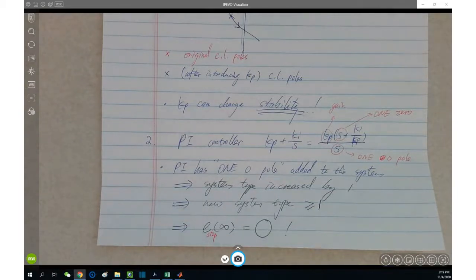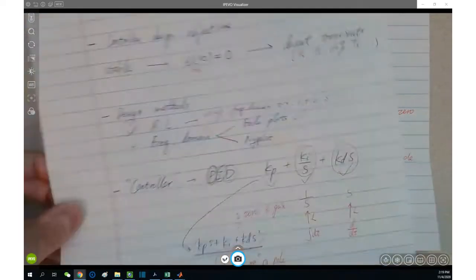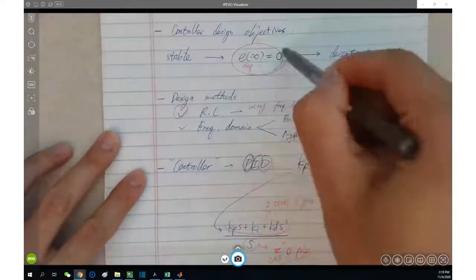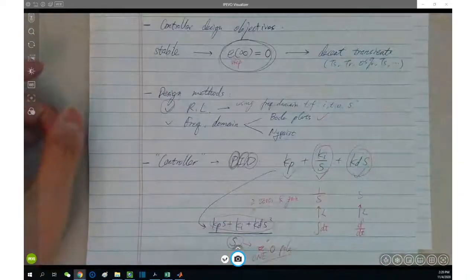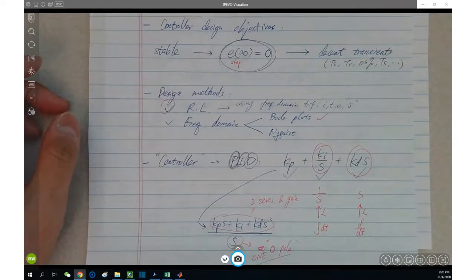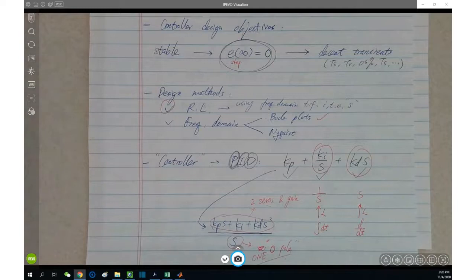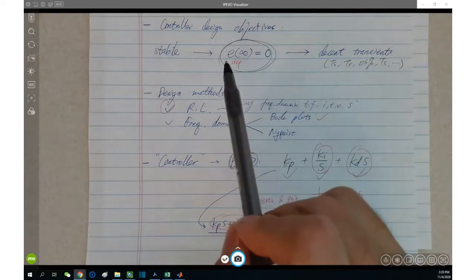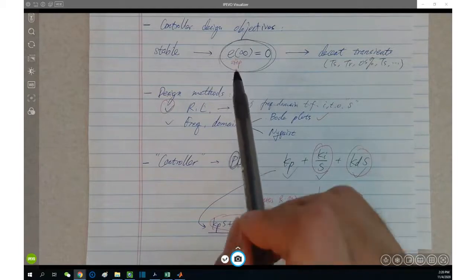Once again, going back to the design objectives, what do you want? As long as you are using a PI controller, without even thinking of the KP, KI values, it guarantees zero step steady state error.